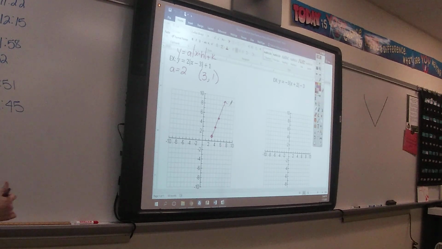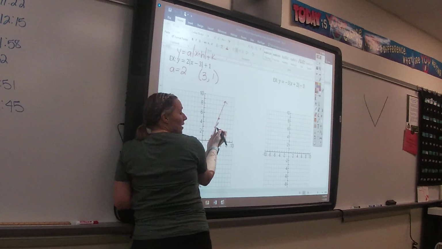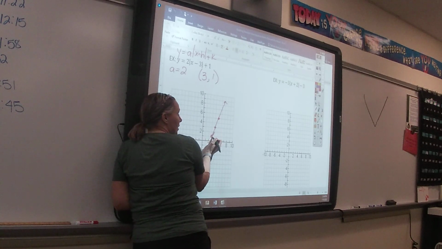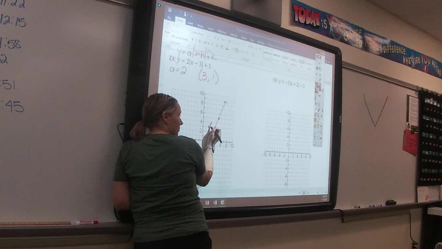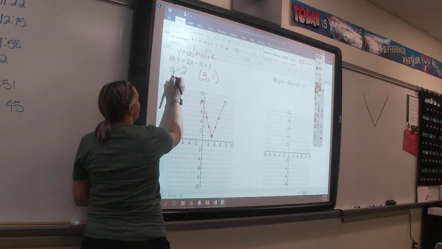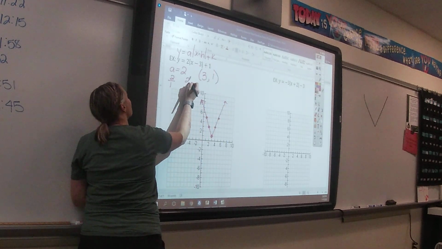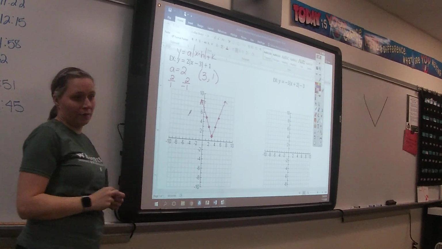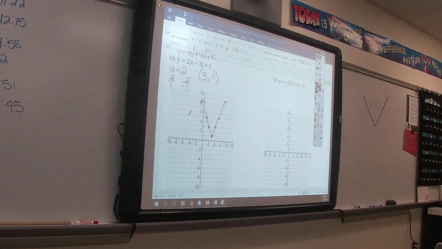So instead of going up 2 right 1, I'm going to go up 2 left 1. Okay, so I'm graphing this as 2 over 1, and I'm graphing it as 2 over negative 1. And that's my shape. That's my graph.